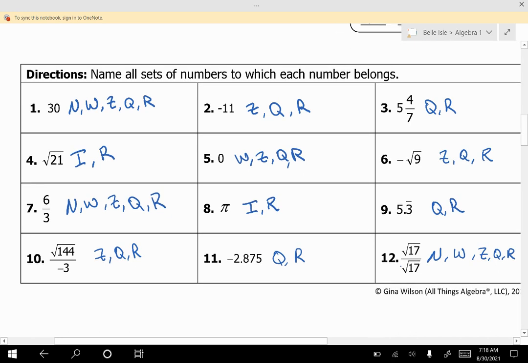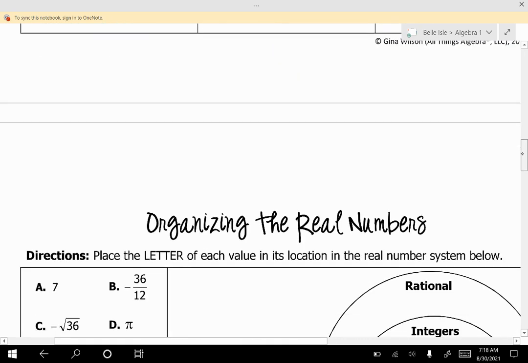Okay. So there is 1 through 12. You can check yourself and make a note of any that you missed. See if you can figure out why you missed it. And we'll move on.